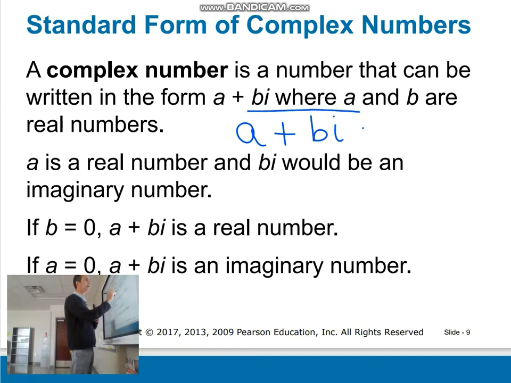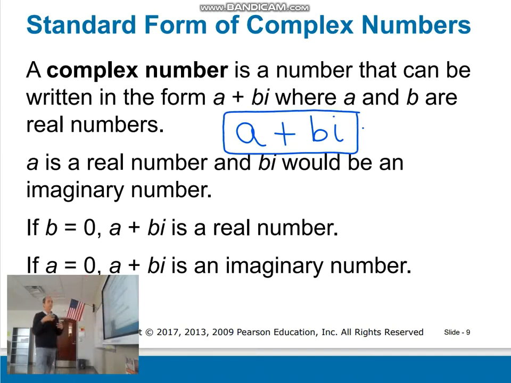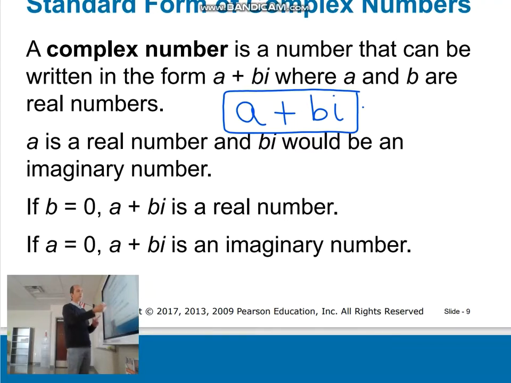That means one of the parts, letter a, is the real number part of the complex number, and the letter b is the imaginary part of the complex number. Okay, so if b equals 0, you don't have a complex number at all, it's just a real number. And if a equals 0, you don't have a complex number, you have just an imaginary number.